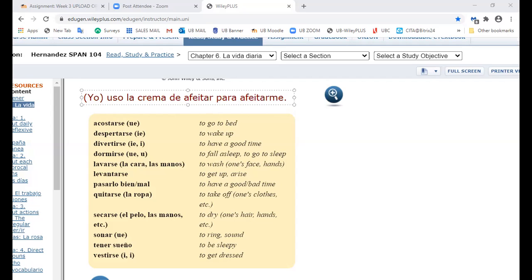So you cannot use it in the same way, because you would have required the infinitive. So whenever you would have said in English, you use it for shaving, and you can take away the shaving and use it to shave, that means in Spanish, you are required to use the infinitive.